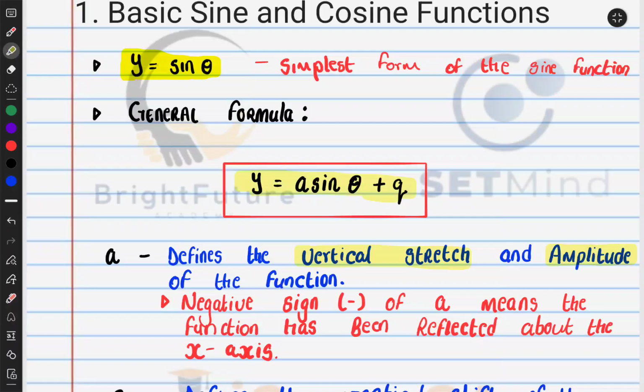So basically the amplitude tells us how far the function is stretched from the baseline, so generally from zero.